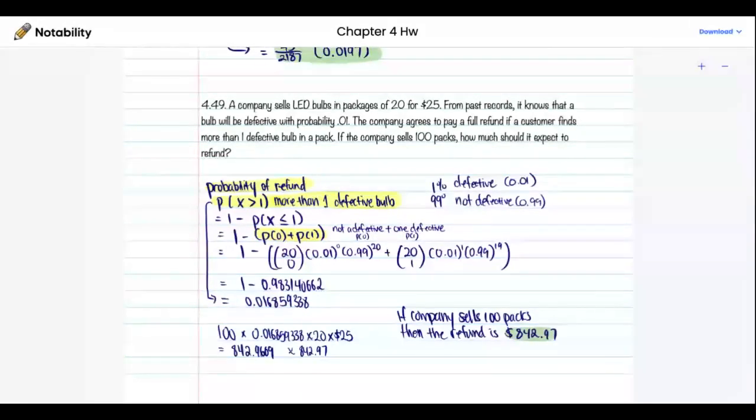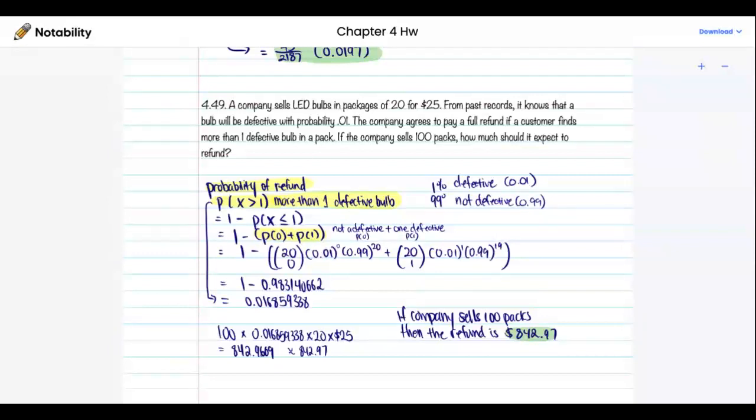So according to this, we know that we have 1% that are defective and 99% that are not defective. So the probability of getting a refund is the probability that X is greater than 1, that is, more than one defective bulb, equals 1 minus the probability of X less than or equal to 1, because we need to find the ones that are not defective plus the one defective.